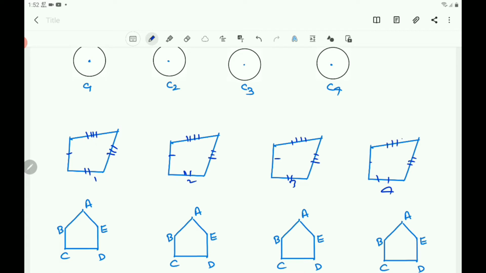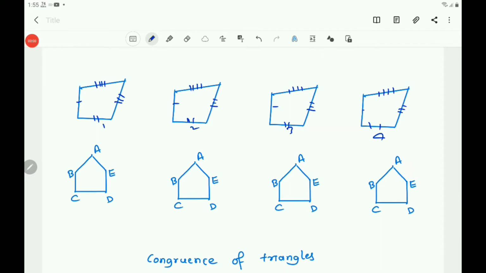So they are congruent quadrilaterals. There are 4 pentagons. The pentagons are of the same size and same shape, and if you place one on the other, they coincide with each other. They are congruent pentagons.